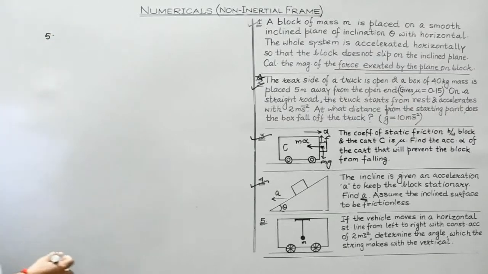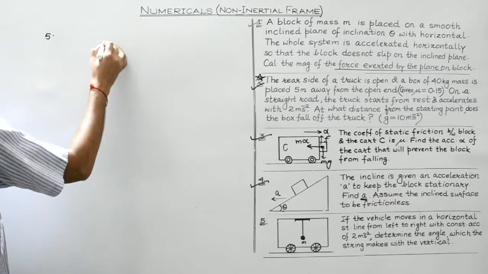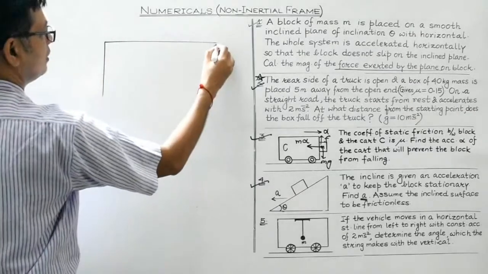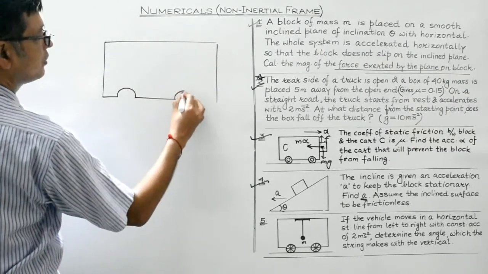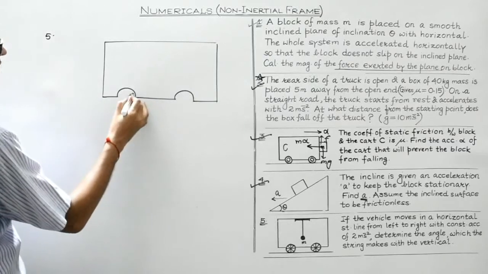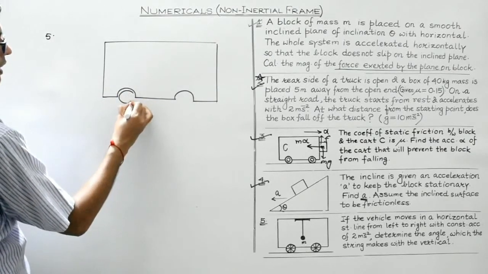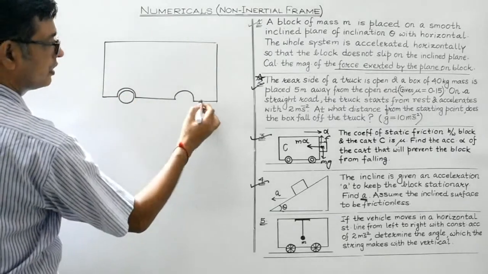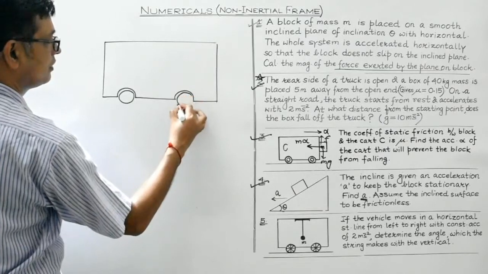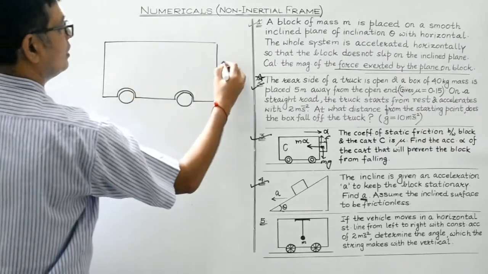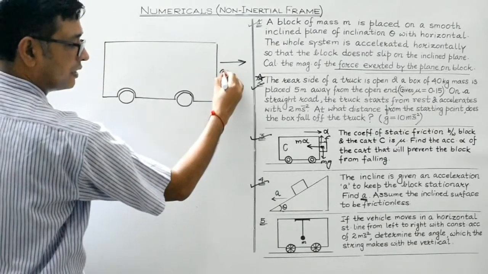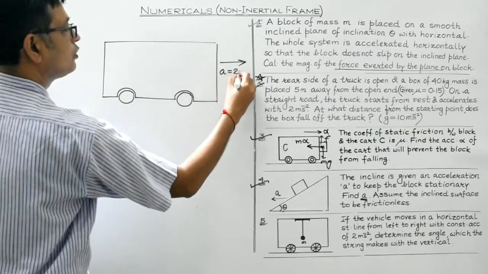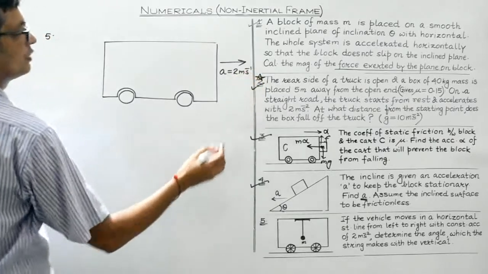Fifth one. Suppose this is the vehicle under consideration, and it is accelerating from, say, left to right. It is accelerating along this direction, and it is given an acceleration of 2 meters per second square.